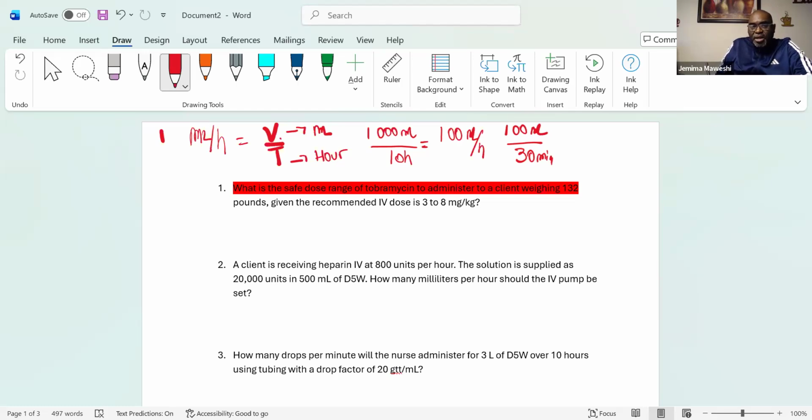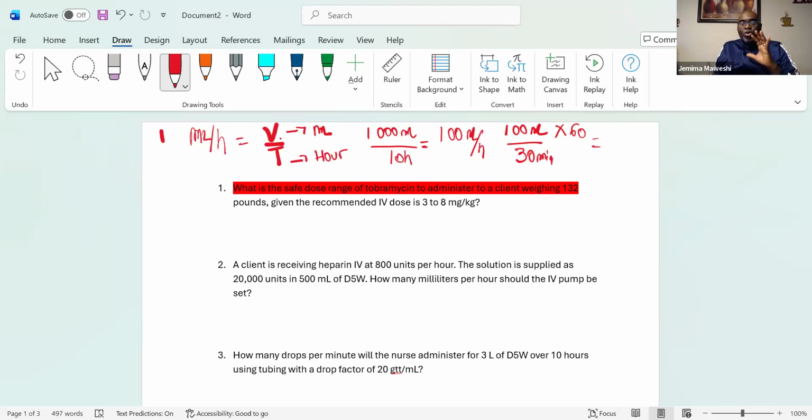But before you do that, I want you to multiply your volume by 60. Whenever you convert minutes to hours, you have to divide that minute by 60.